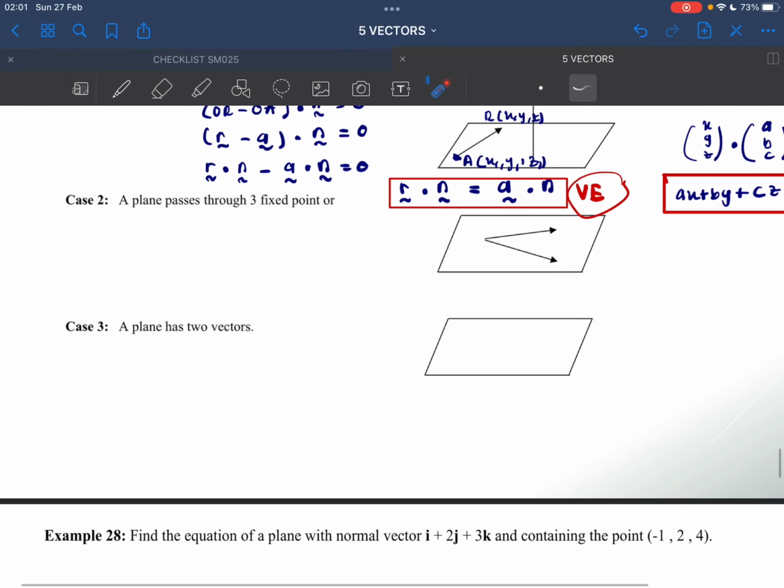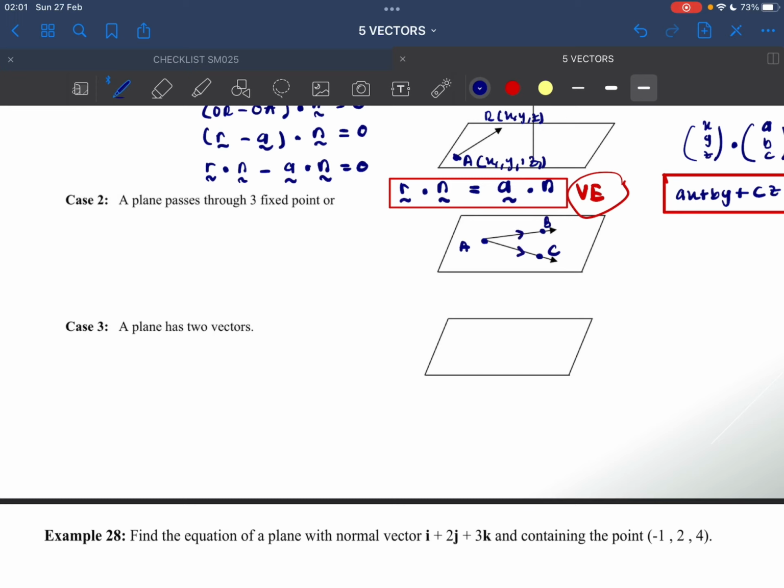So let's see case 2 here. A plane passes through three fixed points. So let's say on the plane here, we have point A, and we have point B, and we also have point C. So what you have to do is find the direction vector for AB and AC.